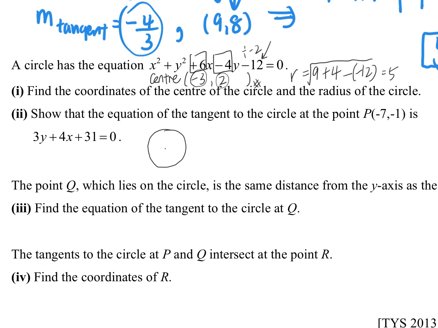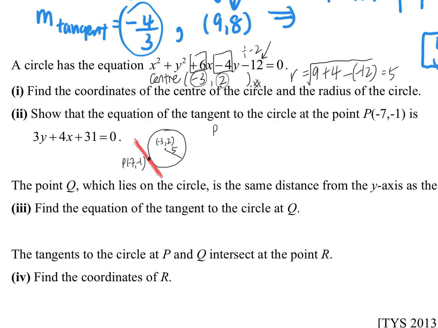Okay, so let's say this is my center, minus 3, 2. And then radius is 5. Let's say the point -7, -1 is here. They want you to find the equation of this tangent line. So to help you find it, no matter what, a straight line, you always need gradient and a point.